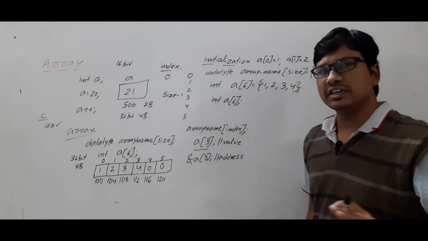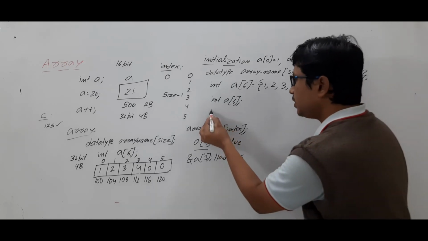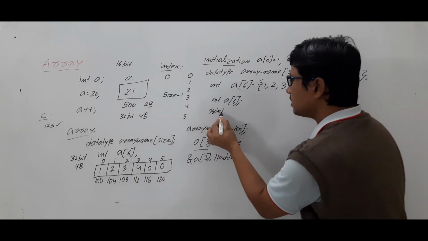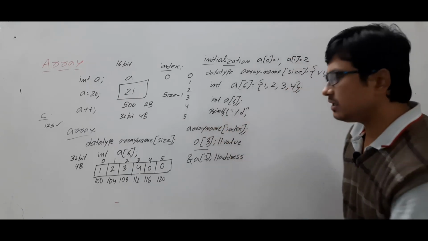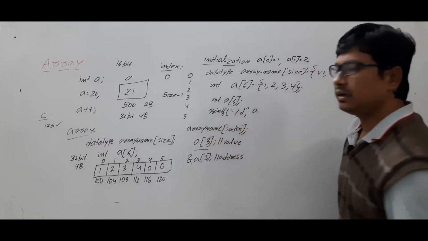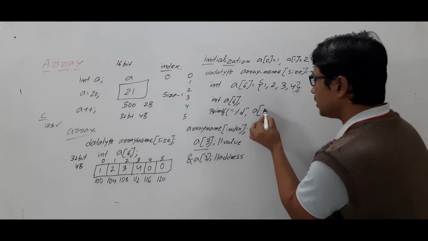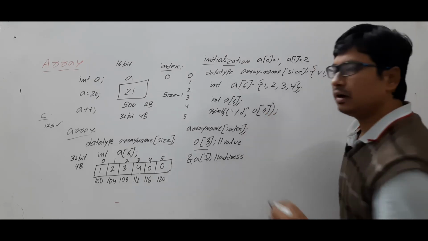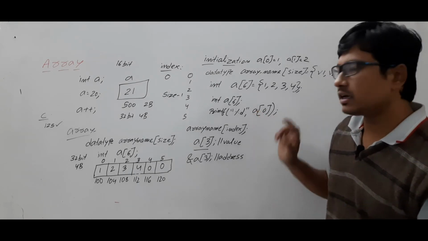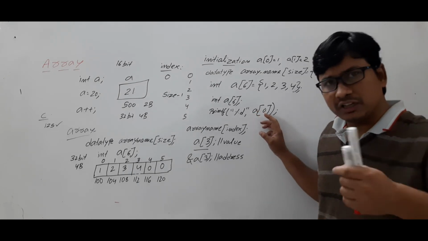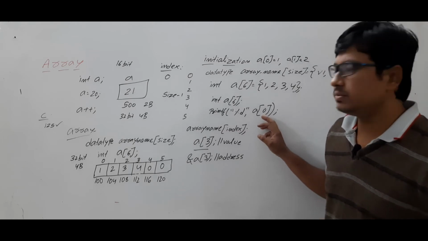Without initializing any value, if you want to print the first element of the array, how can you write? Array name, and the index you have to write as 0. Are you able to understand it or not? Because you have to specify the array name and the corresponding index, and because I want to print the first element, the index will be 0.